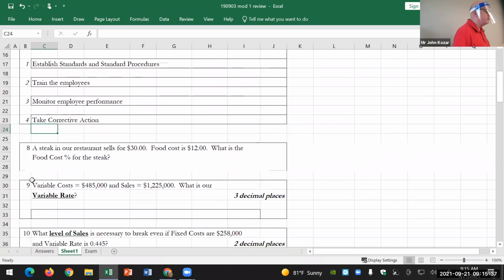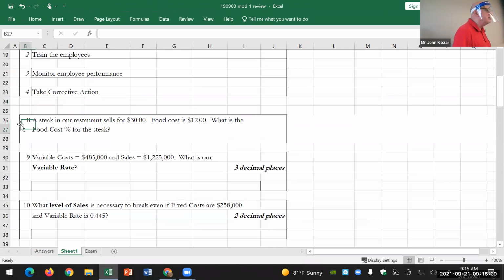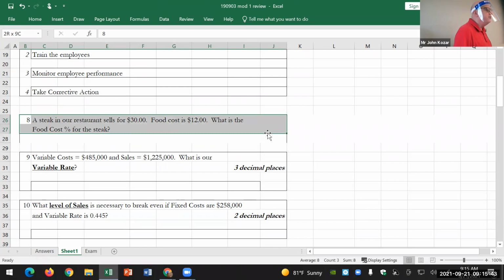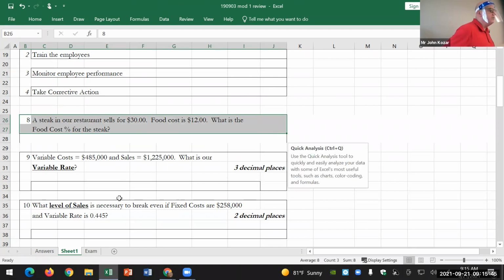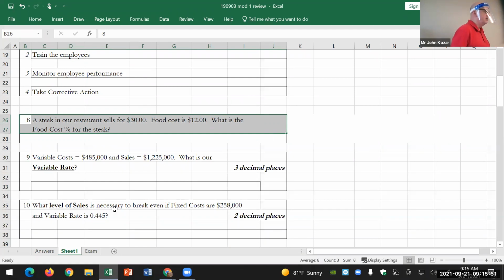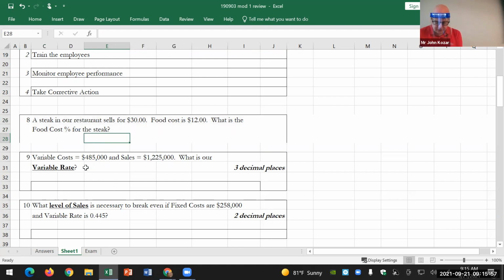All right, so next question. Steak in our restaurant sells for $30. The food cost is $12. What is the food cost percent for the steak? So food cost percent is equal to the food cost divided by the food sales.